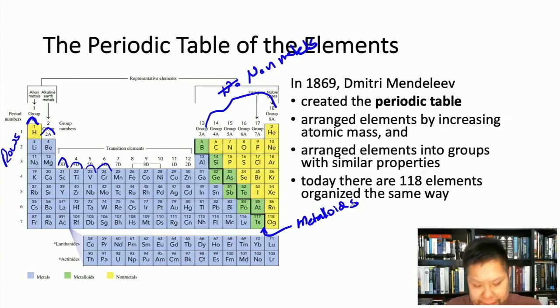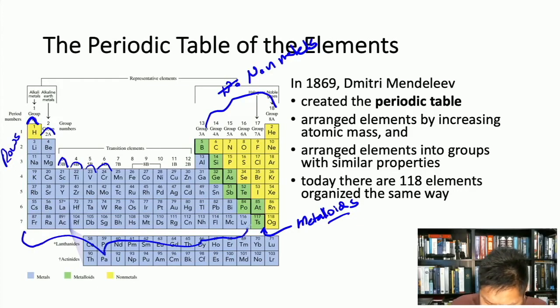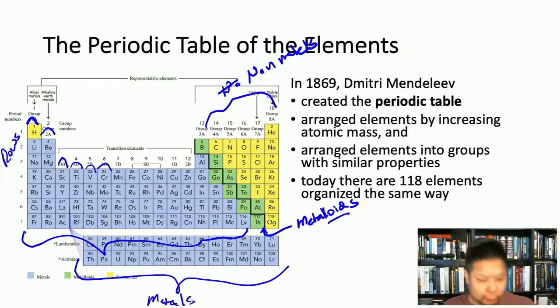That's why they're called metalloids. The suffix "loid" means, in Greek, or it might have been Latin, I can't remember, alike something, but not actually it. And then everything here is all metals, right? And they subdivide these metals into even smaller groups, but we'll talk about that later.